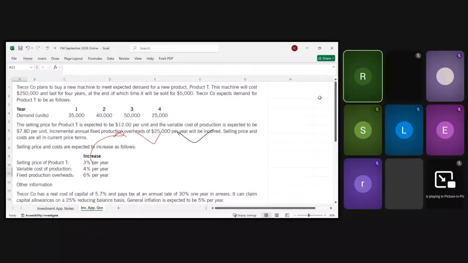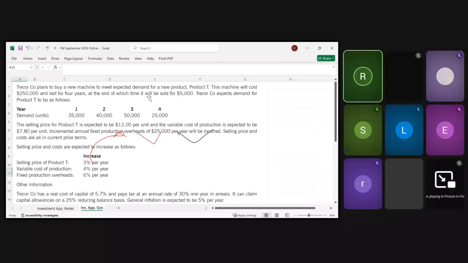Treco company plans to buy a new machine to meet expected demand for a new product, which is product T. This machine will cost 250,000 and last for 4 years, at the end of which time it will be sold for 5,000.